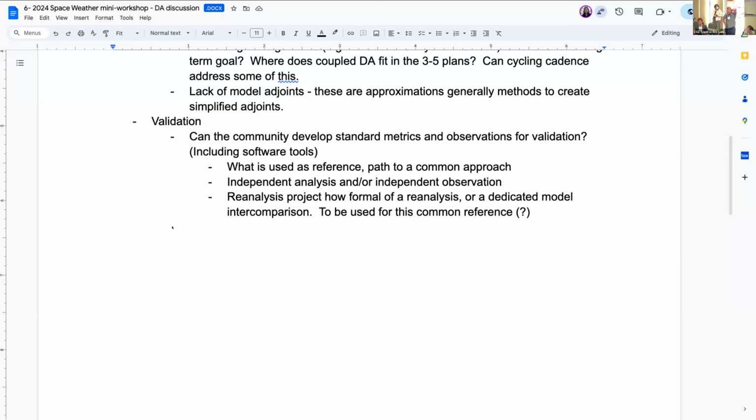If you're training your model on less extreme conditions, would it really apply under extreme conditions? That's a problem we always have with space weather, that the events we really care about don't happen that often. But you'd have the same problem with an ensemble tangent linear. Yeah, true. You'd have to probably fake it.